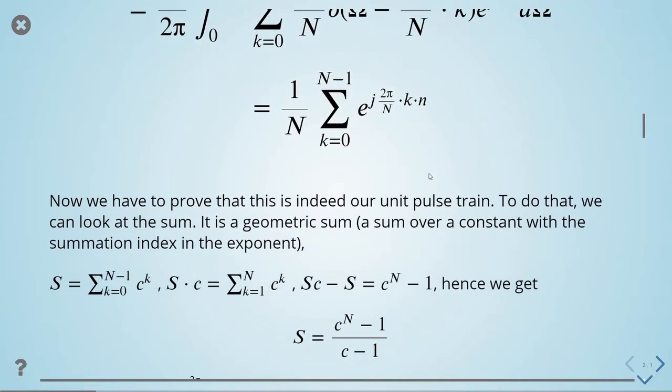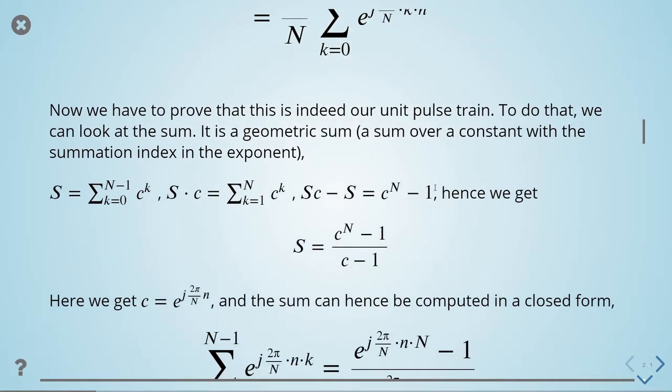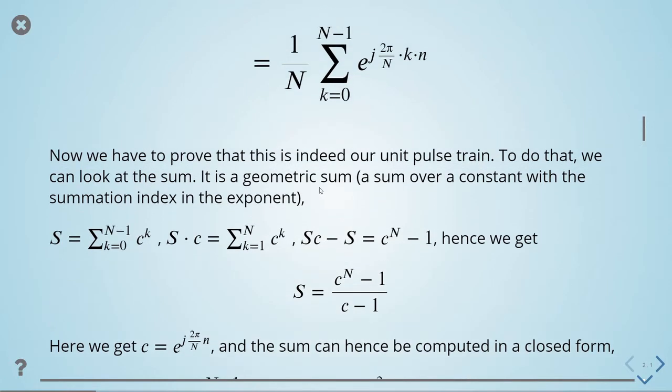What we do is that we see that this is a geometric sum. We use another mathematical trick to find a closed form for this geometric sum. Here we are replacing c to the power of k, where c in this case is equal to e to the power of j 2 pi over capital N times n.